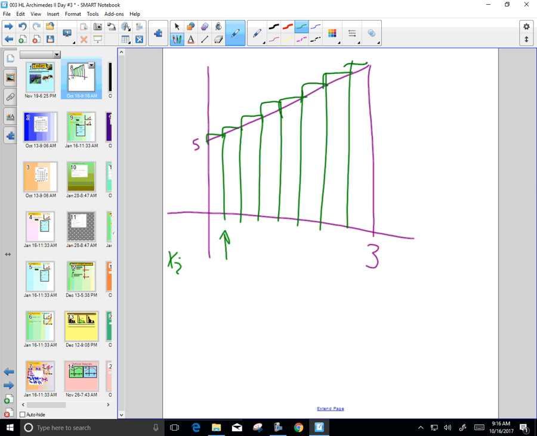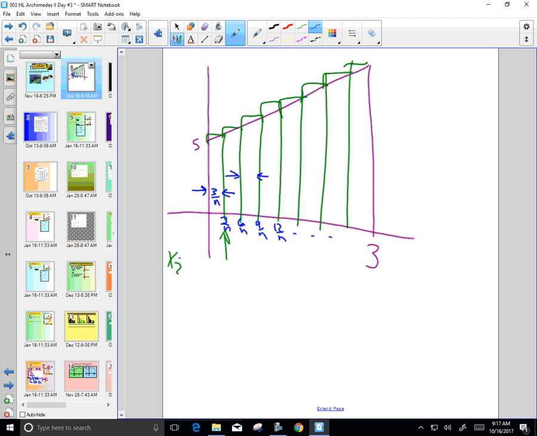Well, how far apart, Kurt, are each one of these? They're each 3 over n, right? Because this is 3 over n location, 6 over n location, and so on. Is that part all right? Okay.